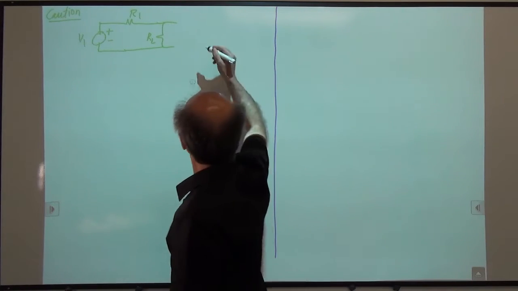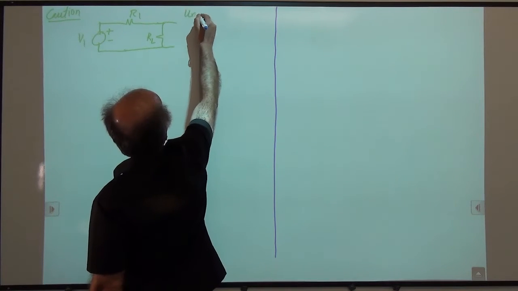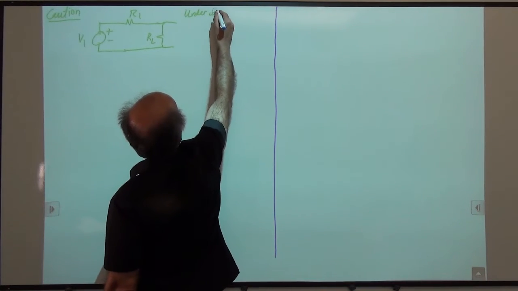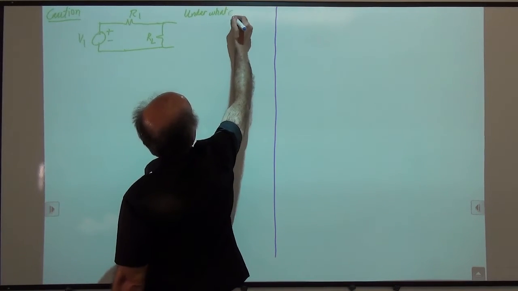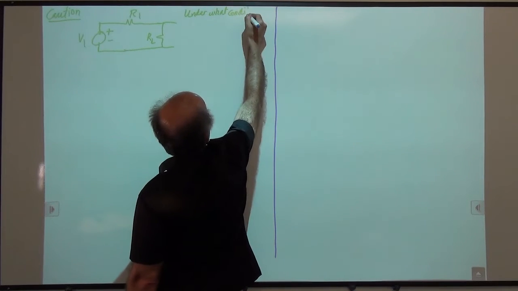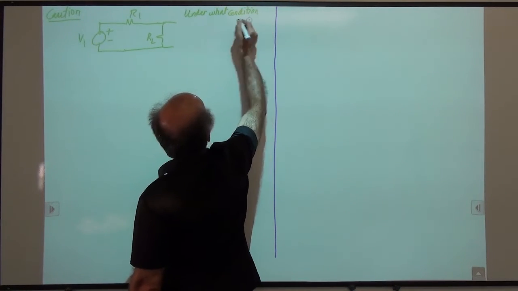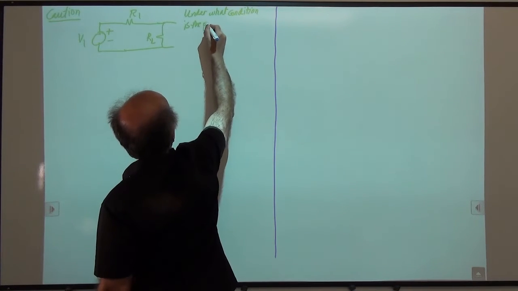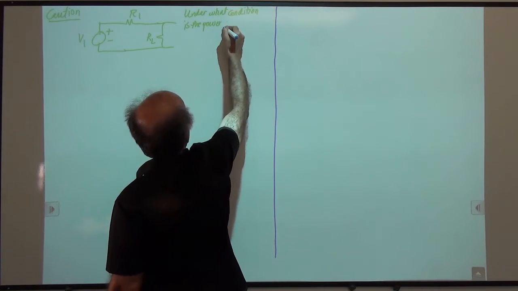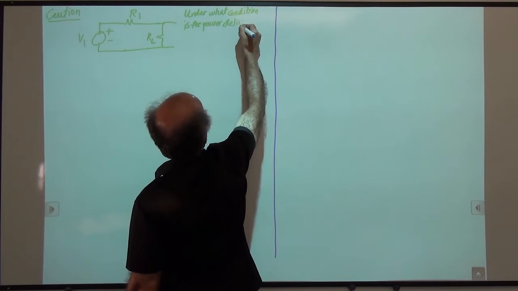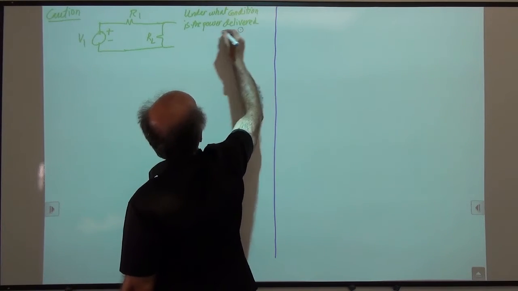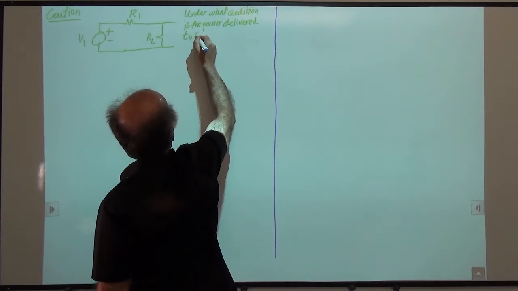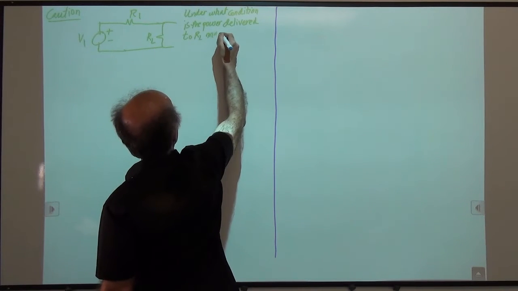Right? So, under what condition is the power delivered to RL maximum?